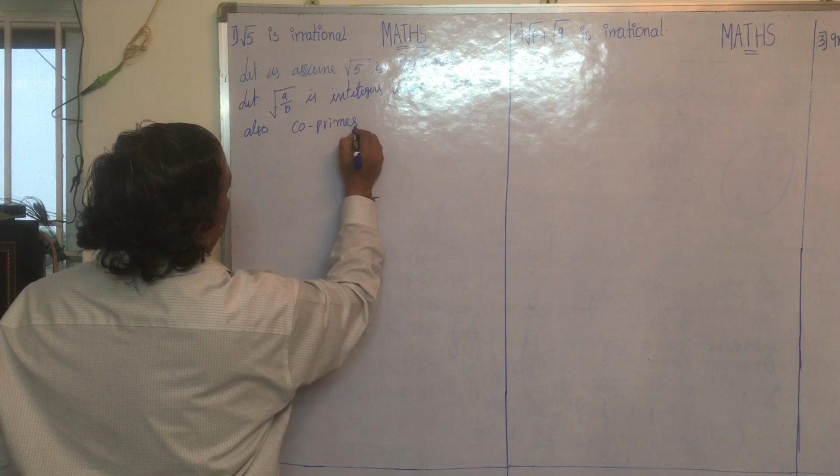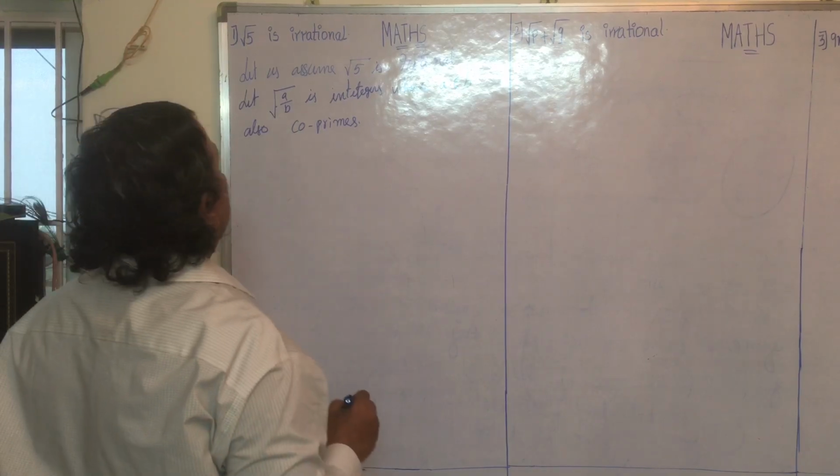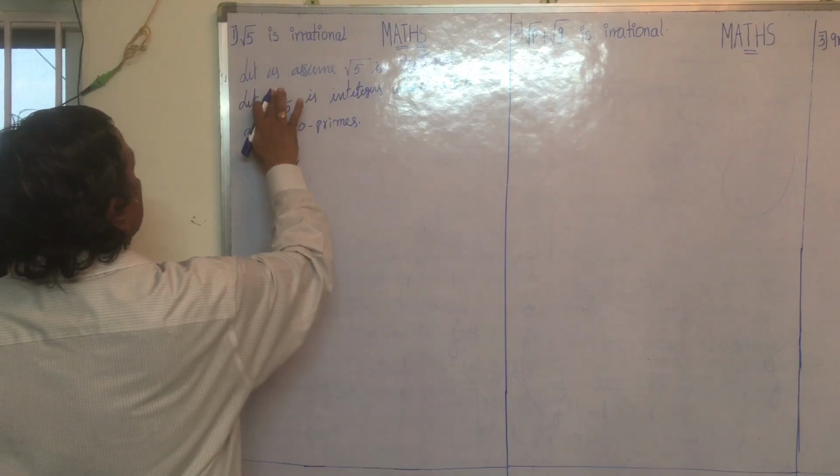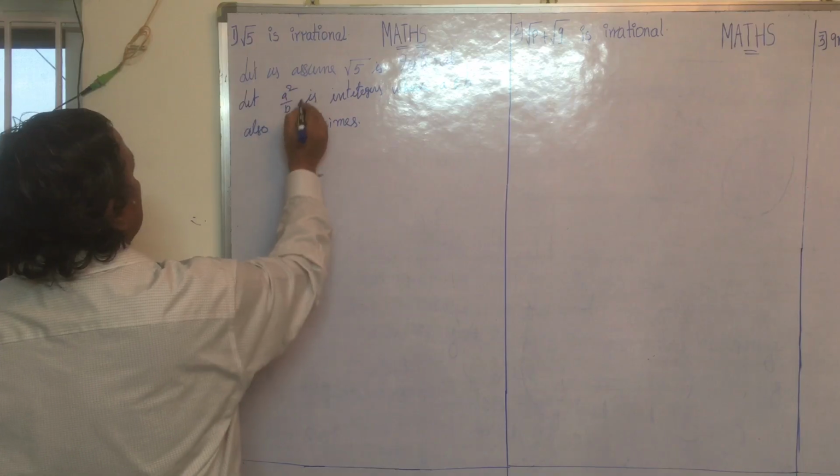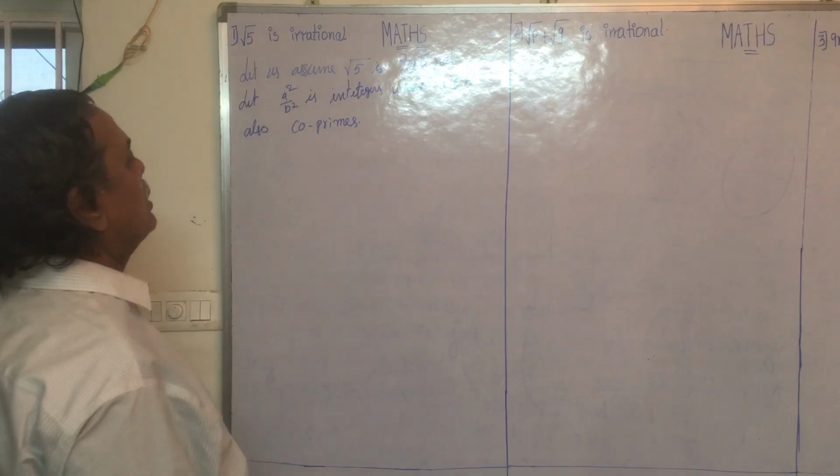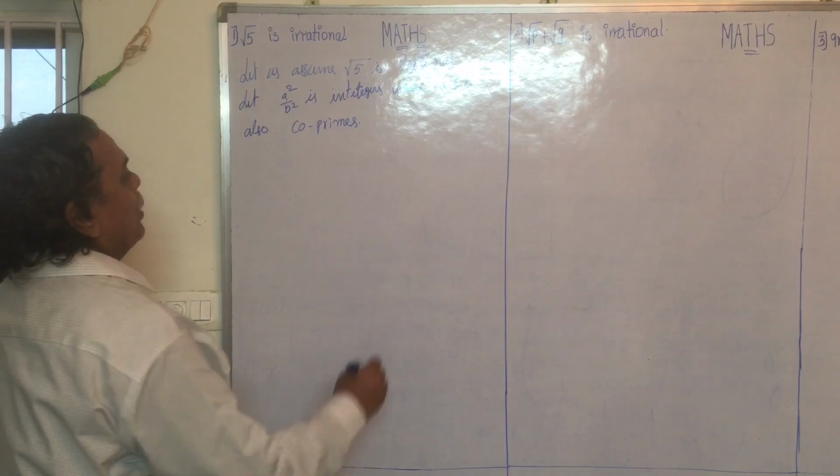Yes, co-primes. Then a square by b square, where a and b are co-primes.